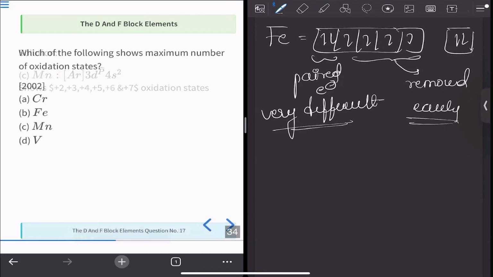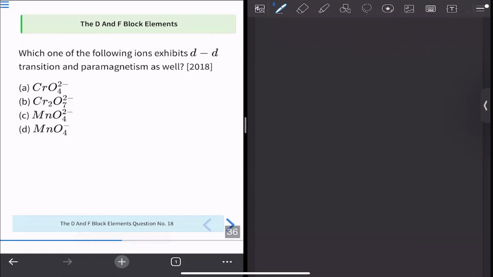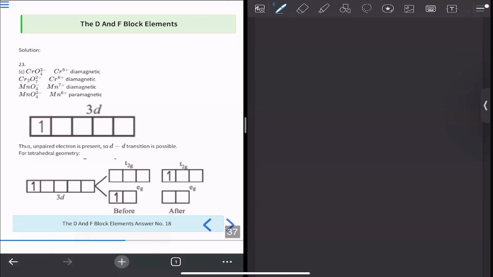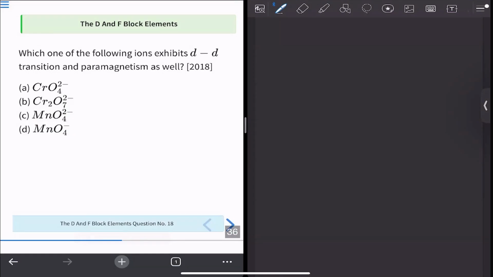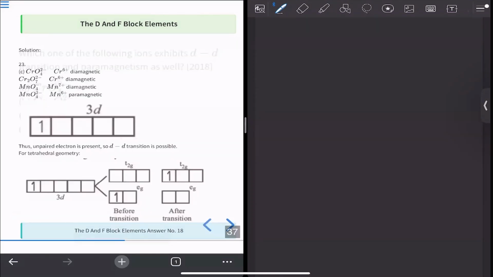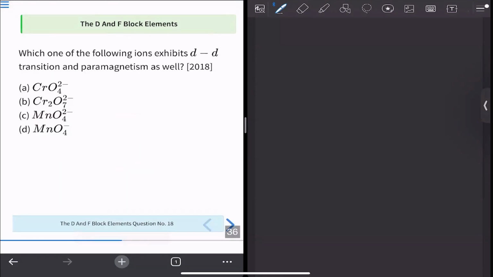So the next question is, which one of the following ions exhibits the d-d transition and paramagnetism as well?